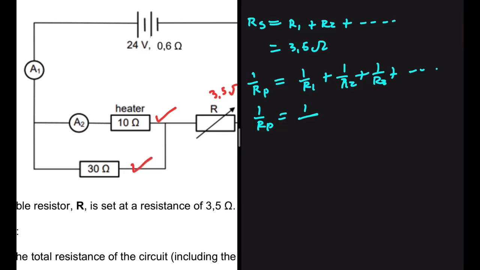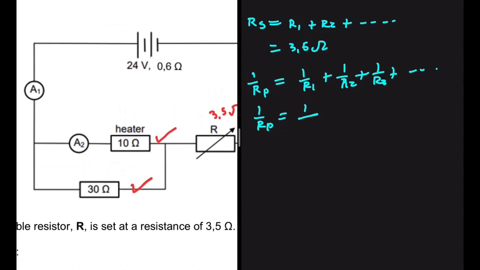Why am I saying so? Because the current flows from the positive terminal to the negative terminal. So when the current is flowing at this point it divides. A proportion of the current comes to this path and another proportion of the current comes to this path. That is why we're saying that those two resistors are in parallel with each other.